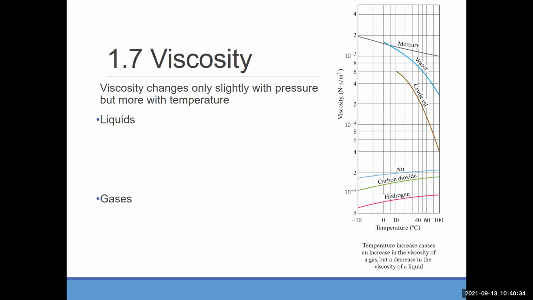If you look at the examples here, like water, mercury, crude oil, with increasing temperature, viscosity is decreasing. But what about these? Air, carbon dioxide, hydrogen, is their viscosity increasing or decreasing? Which is a little bit counterintuitive, right?